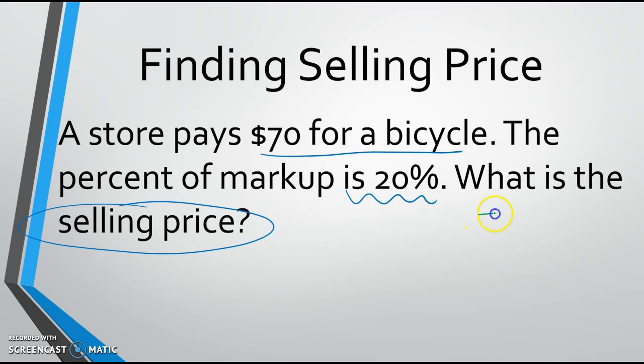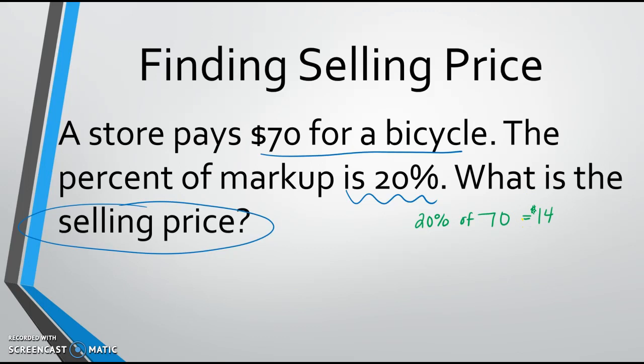We've got a $70 bike, and we want to find 20% of the 70. So go ahead and find 20% of the 70. So 20% of 70 should be $14.